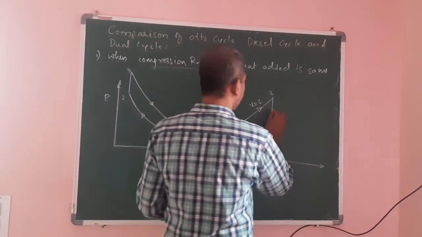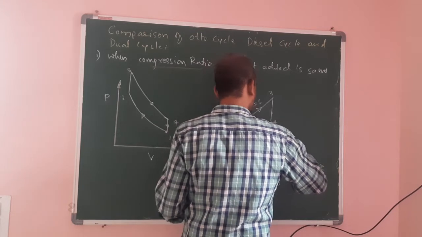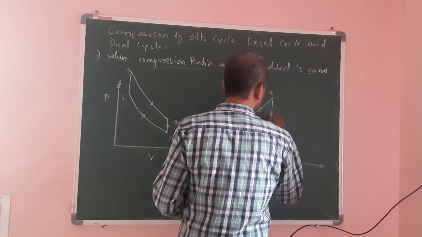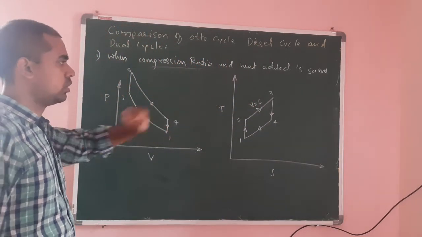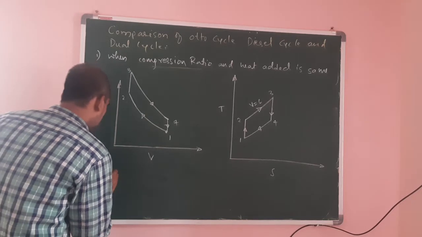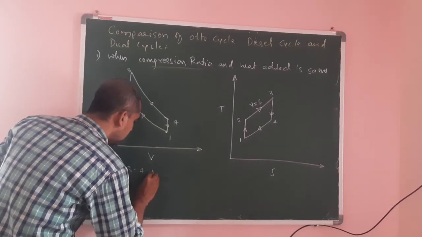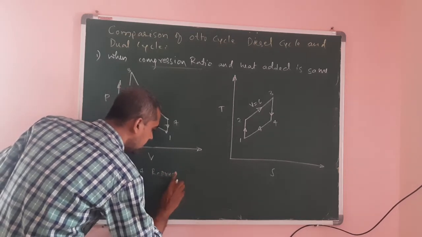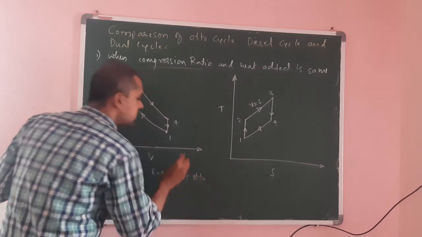These are the cyclic processes. On a PV diagram, this is for an Otto cycle. 1, 2, 3, 4 represents the Otto cycle.